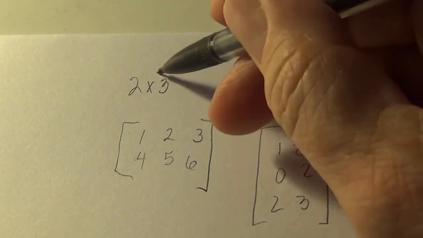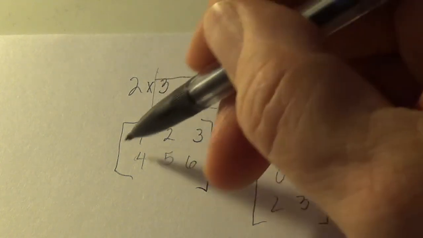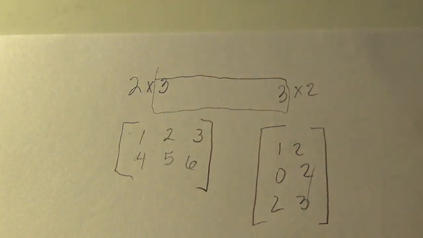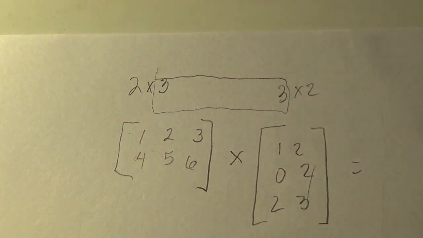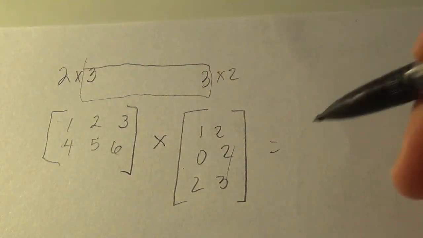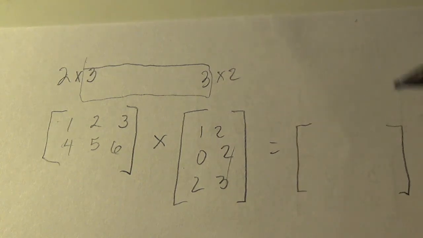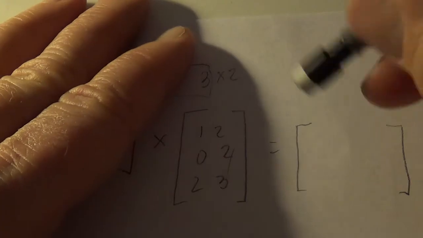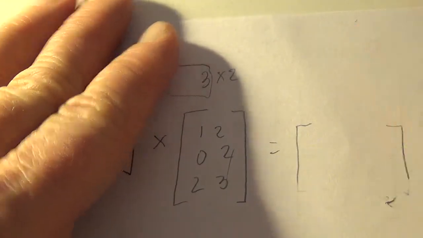Alright, these can be multiplied because the number of columns in the first equals the number of rows in the second. The result, if I multiply these two, is going to be a 2 by 2. So I'm going to make that a little bigger just because I'm going to write some stuff in there.